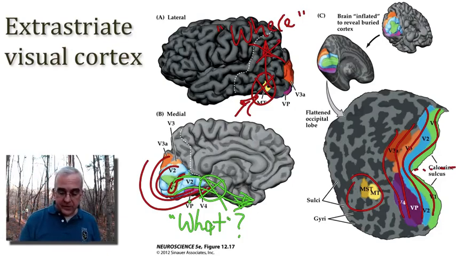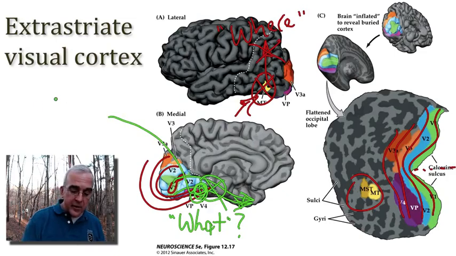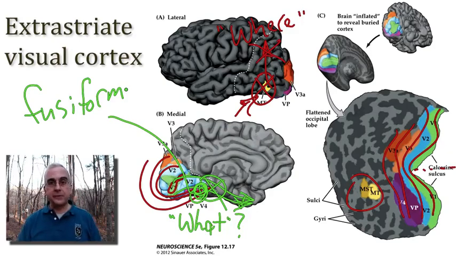There's a particular region of this posterior occipital temporal gyrus in an area that's sometimes called the fusiform gyrus, where damage leads to a deficit in the ability of people to recognize faces. It's called prosopagnosia, which means face blindness, or not knowing the identity of human faces.